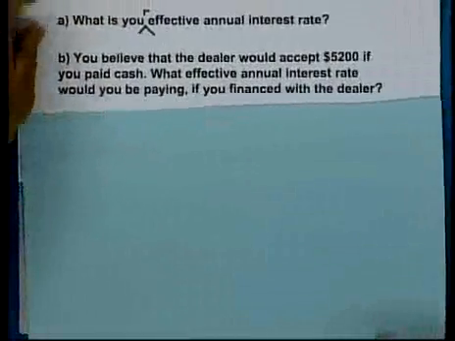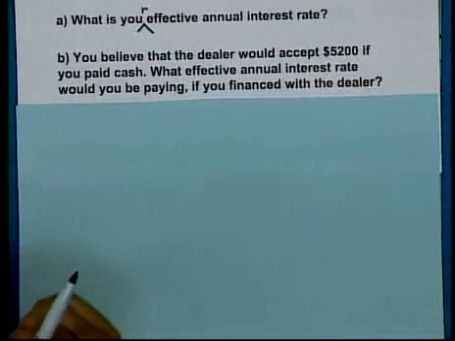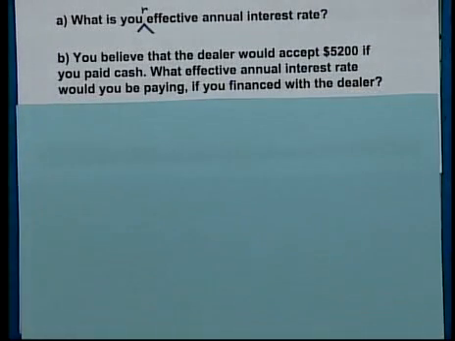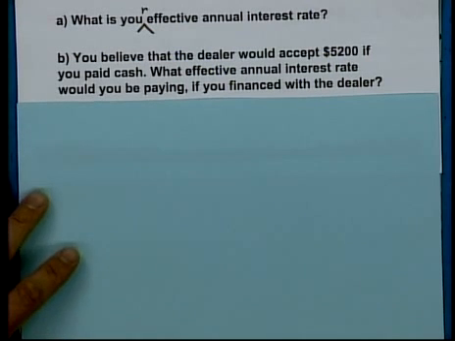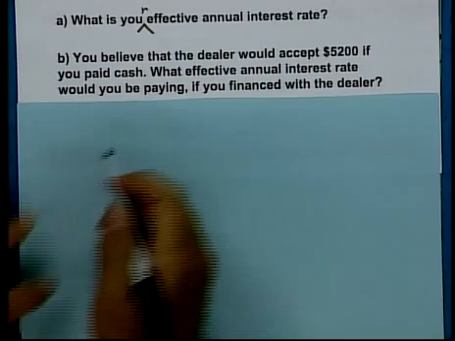Now, how to answer for part B? The fact that the dealer would accept $5,200 cash for the car indicates its true worth, right? So the extra $800 is a hidden finance charge, right?